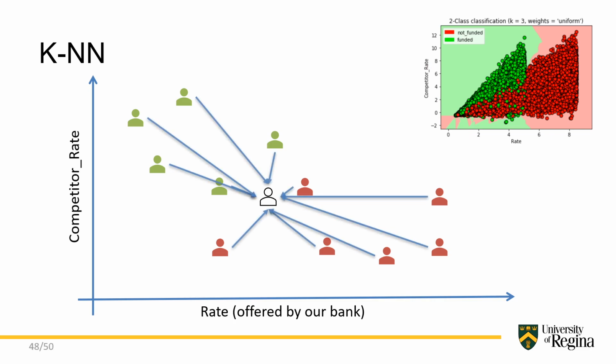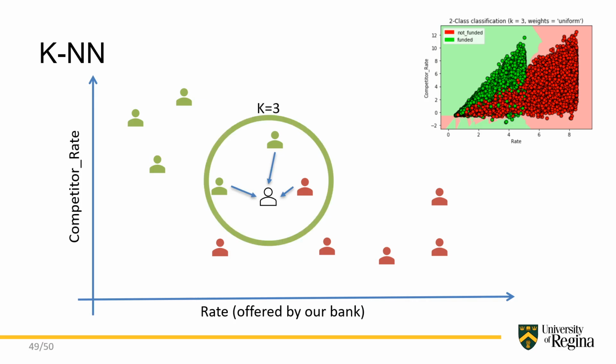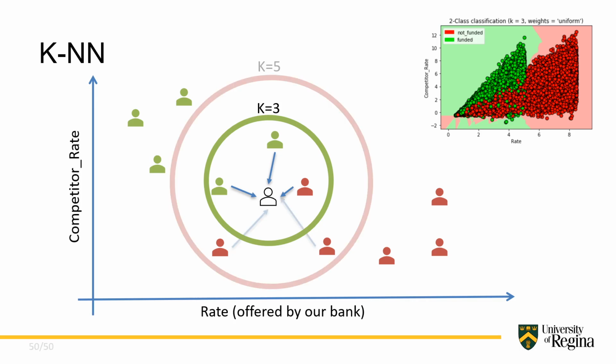Depending on the number of k, first the K-NN algorithm compares that single new sample to every sample in the database, or at least in the training data. Then, depending on the k, it chooses the first 3 samples, or if k is 5, it chooses the first 5 samples.